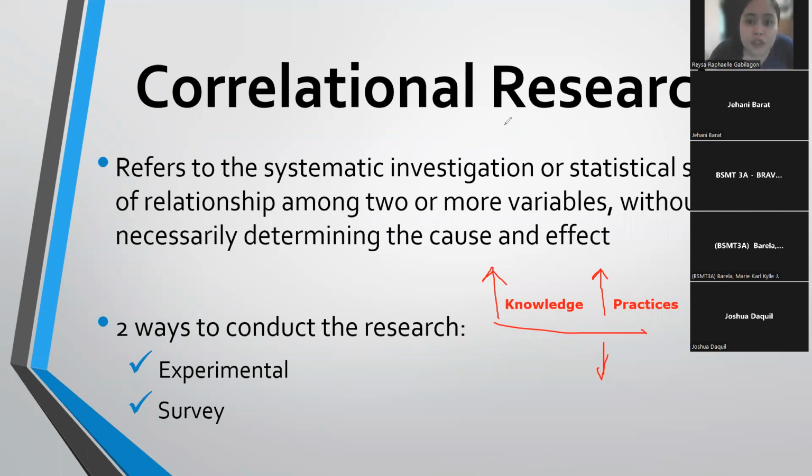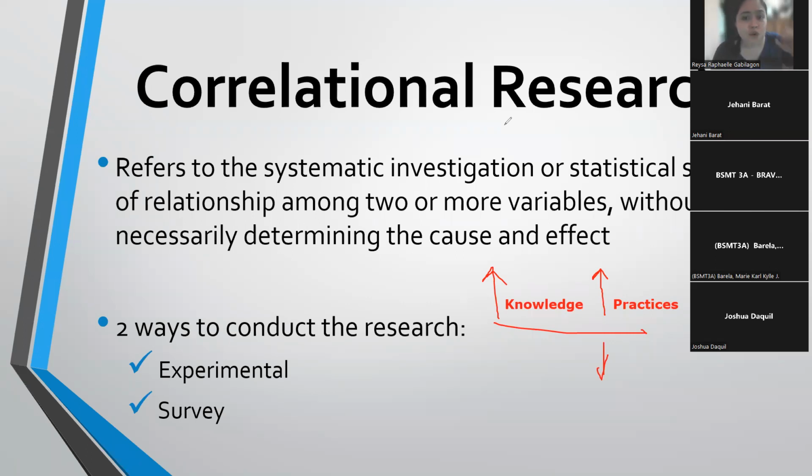You're going to, descriptive correlational siya. Kasi first, you're going to describe the stress level of the students, and you are going to describe also their academic workloads. And then at the end, you are going to get the relationship. Kung direct ba, directly proportional or inversely proportional yung relationship.